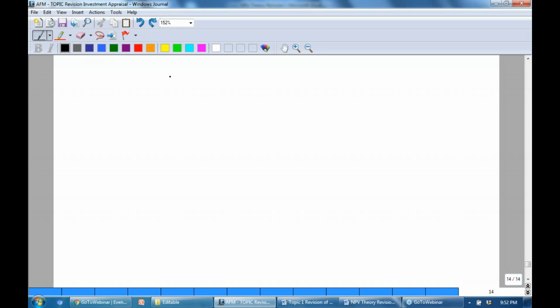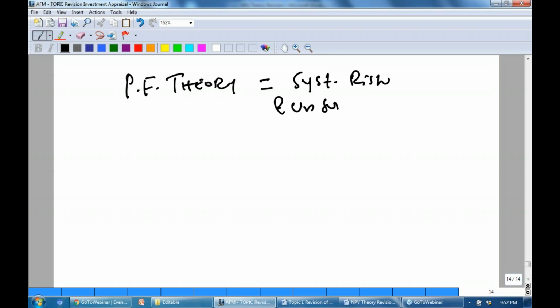CAPM says that first of all, take up the portfolio theory. Portfolio theory includes both risks, systematic and unsystematic.